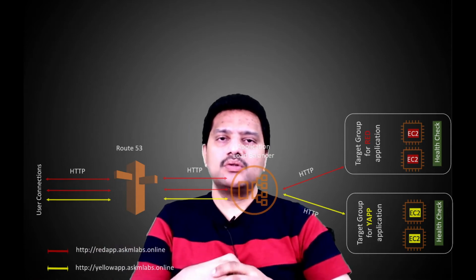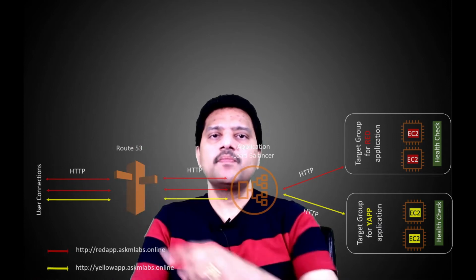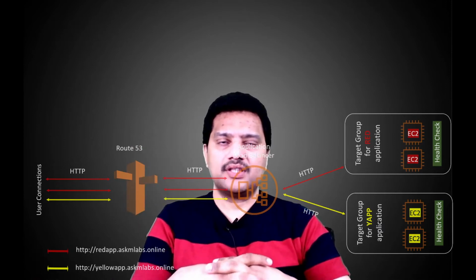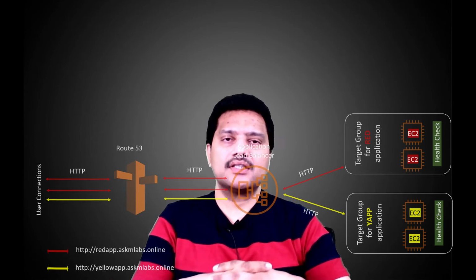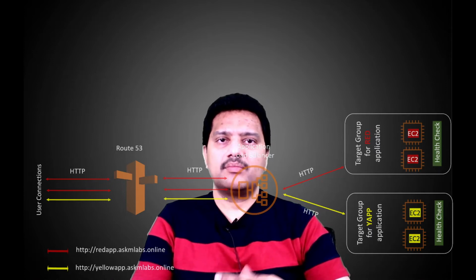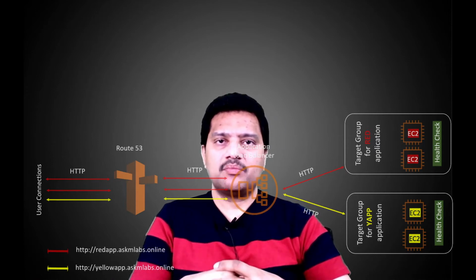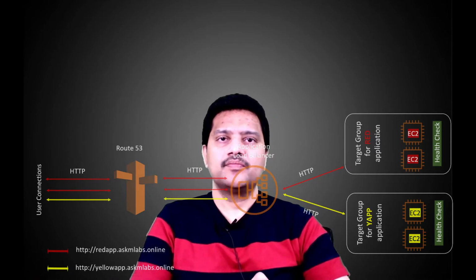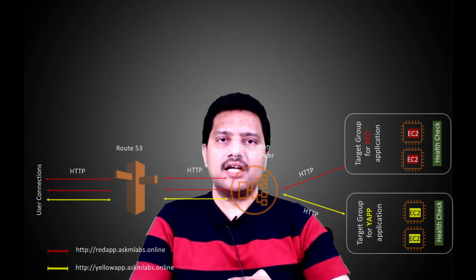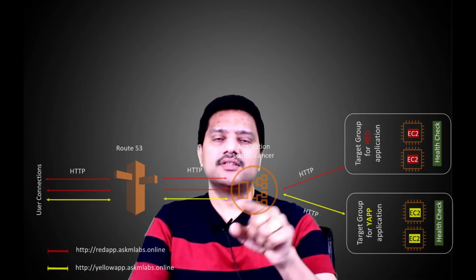For my demonstration here I am using Route 53, and if you are not aware of Route 53, it gives me the functionality of DNS. I have a sample domain or test domain, awscloud.online. I am going to define some records in my Route 53, which is my DNS resolution, and that will help me to route my request first to the load balancer.